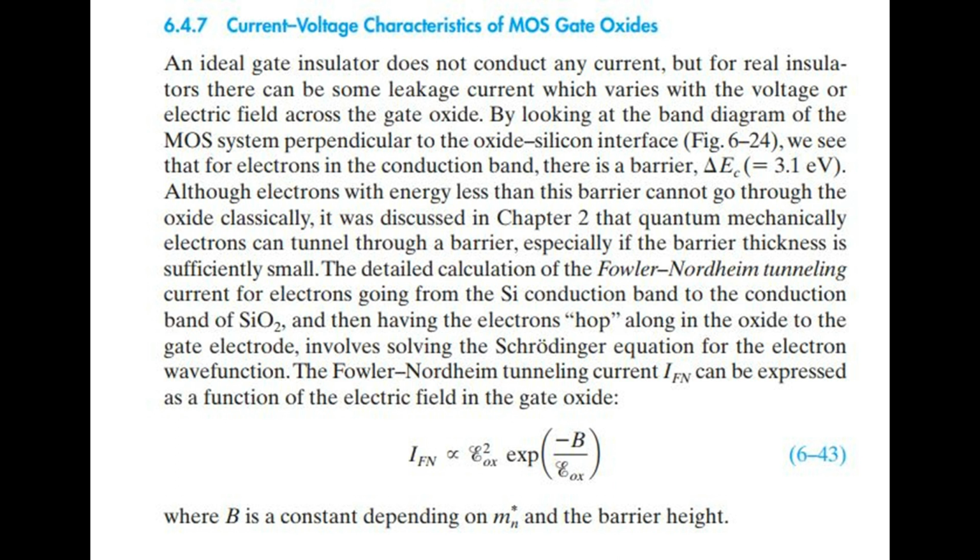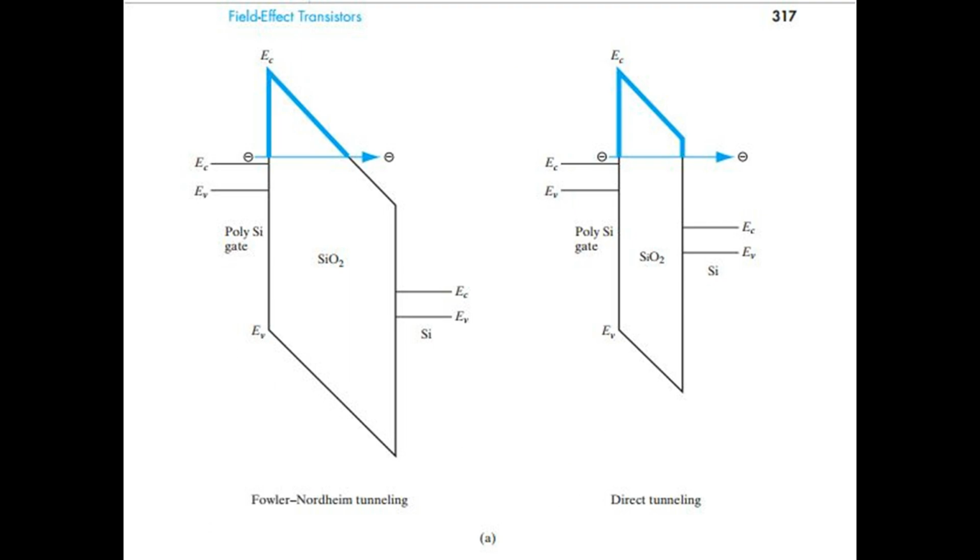The Fowler-Nordheim tunneling current IFN can be expressed as a function of the electric field in the gate oxide, where B is a constant depending on m*n and the barrier height. Figure 624. Current voltage characteristics of gate oxides. A, Fowler-Nordheim and direct tunneling through thin gate oxides. B, Plot of Fowler-Nordheim tunneling leakage current as a function of electric field across the oxide.